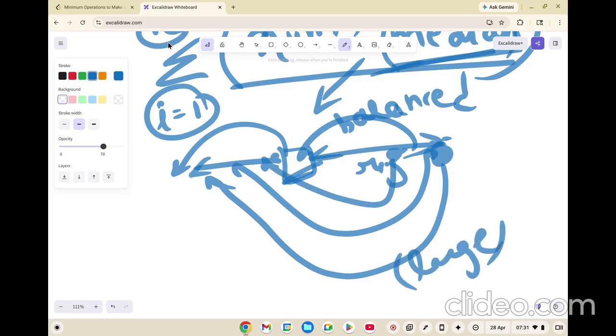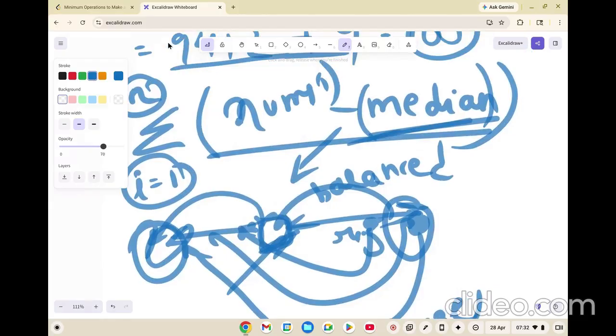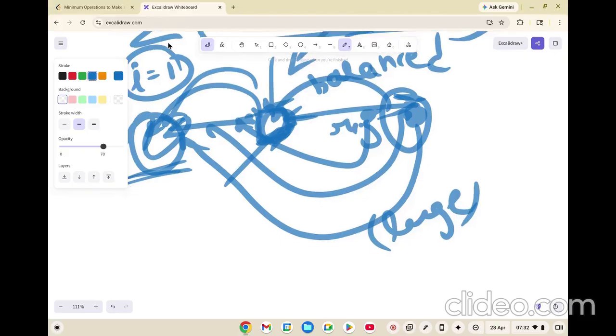There might be a case where median and this might give the same results, but in most cases median will give you a better answer than taking any extreme low or high values. And why is that so? Because the median lies in the middle of the left and right elements, so there is no imbalance to create. Whereas if you take the elements on the left, the elements on the right will create a heavy element for you, and you will have to use more operations to reach there.